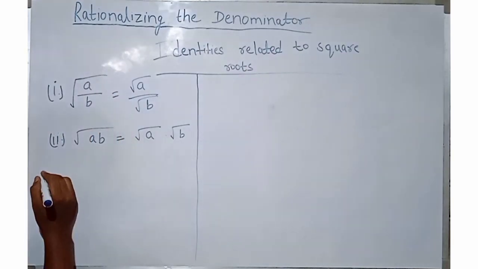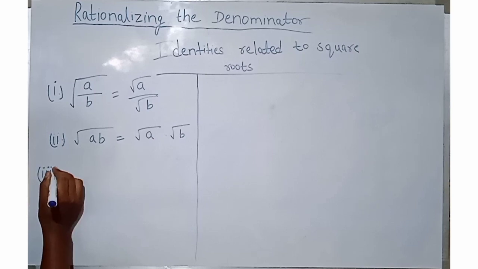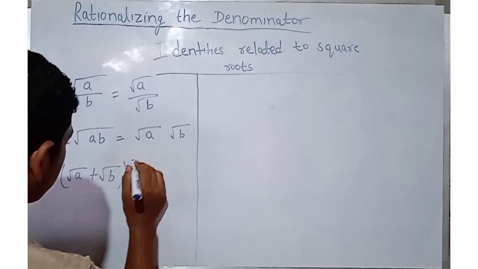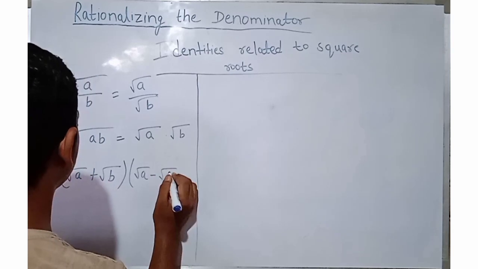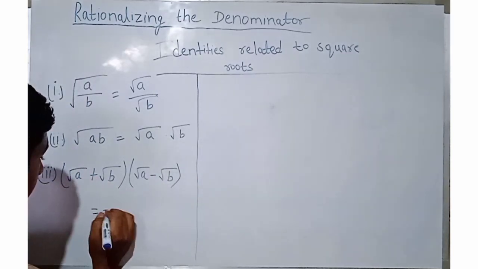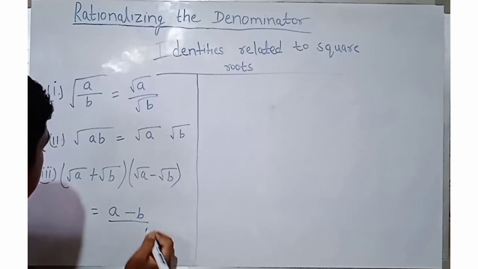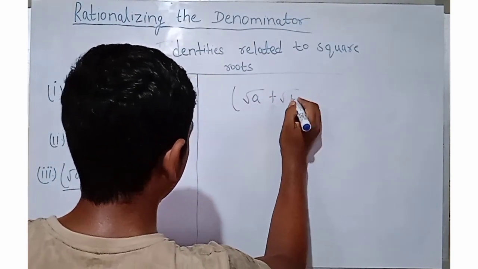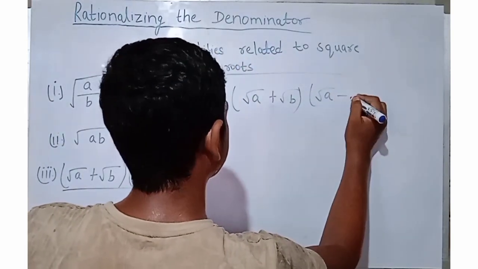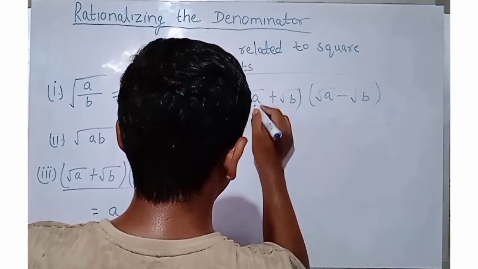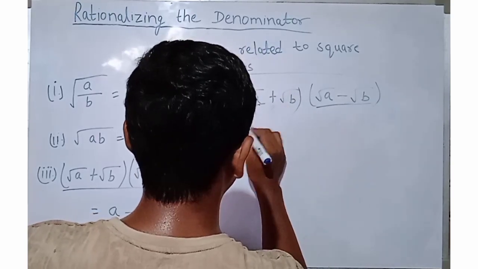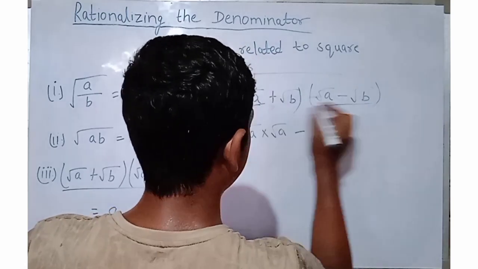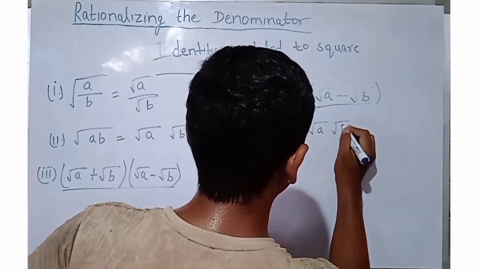Now the third is, suppose there is a number root a plus root b into root a minus root b. It will be a minus b. See how it came. Here, root a plus root b, root a minus root b. First multiply root a with this number, so it will be root a into root a, then minus root a into root b.